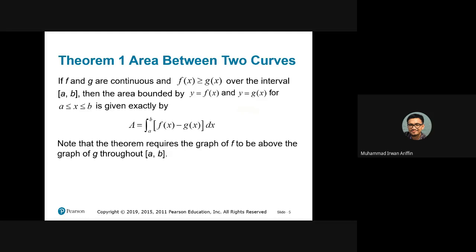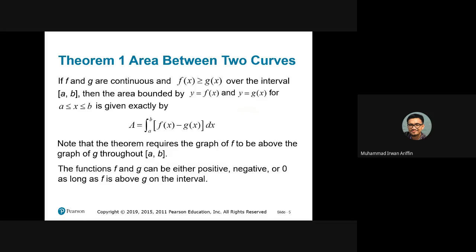Just take note that the theorem requires the graph of function f to be above the graph of g throughout the interval a and b. The functions f and g can either be positive, negative, or zero, but as long as function f is above g.